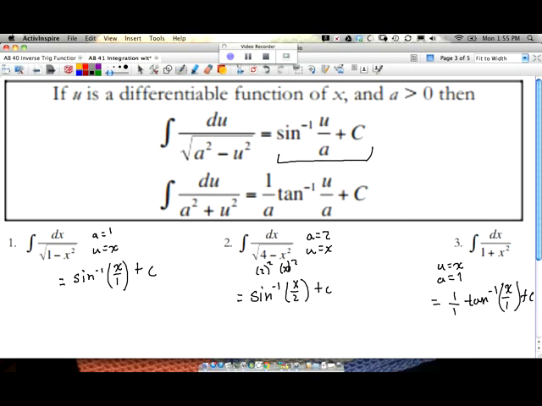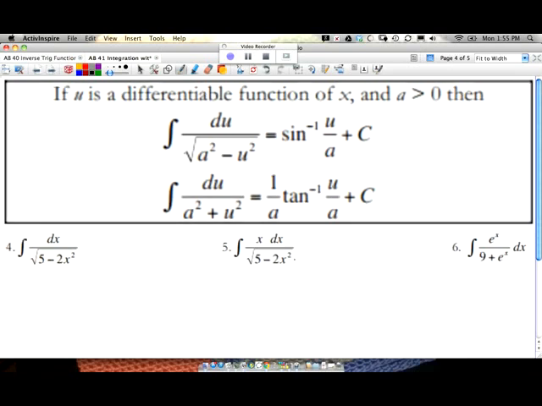Let's go through some slightly more advanced versions of stuff here. When I look at number 4, I can see some things that aren't exactly obvious, and this one does require inverse trig, where some other ones might not, and that's where it gets kind of funky. How do I deal with that?